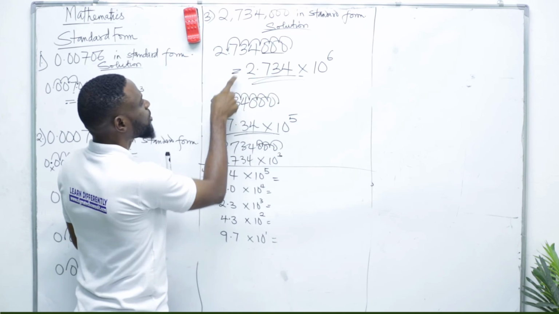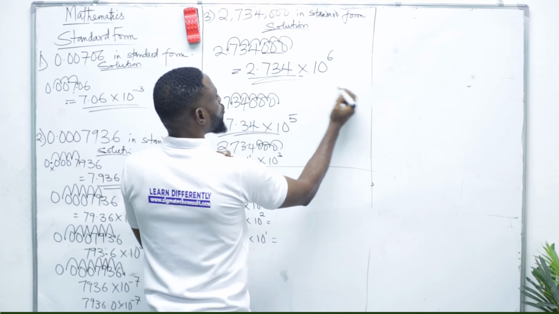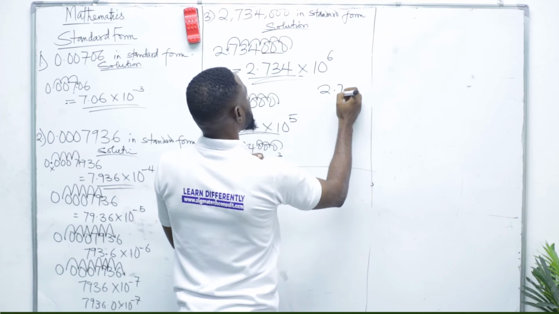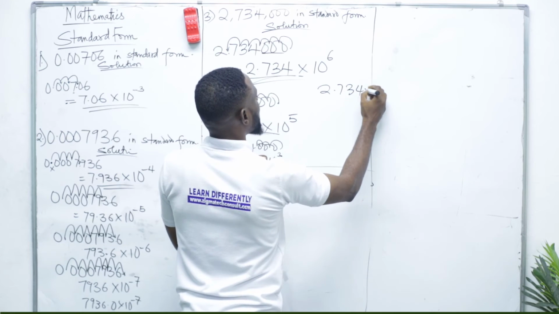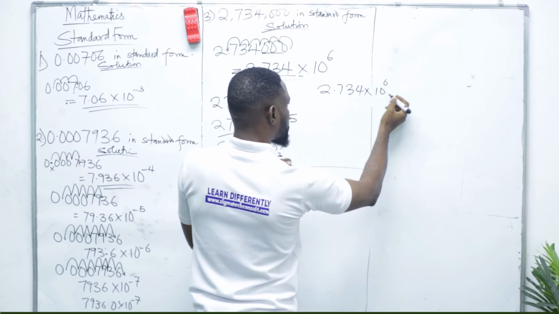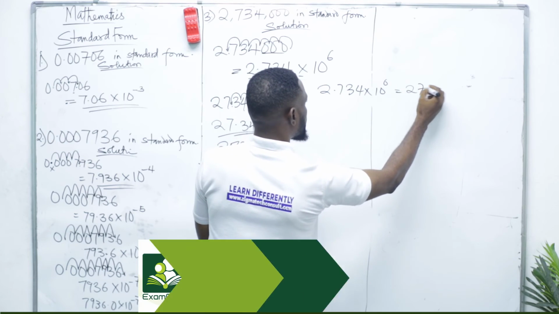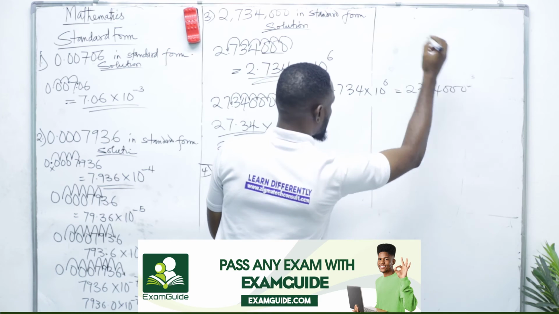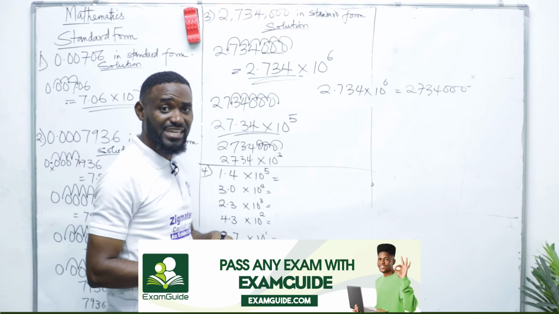Remember, this 2.734 times 10 raised to the power 6 is what this thing is: 2,734,000, right?